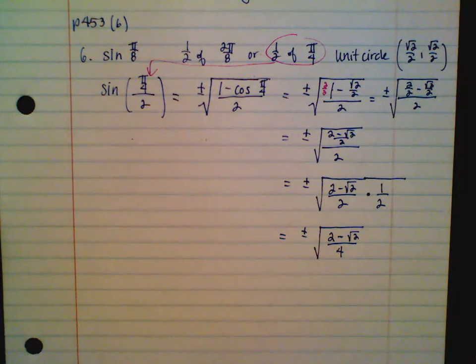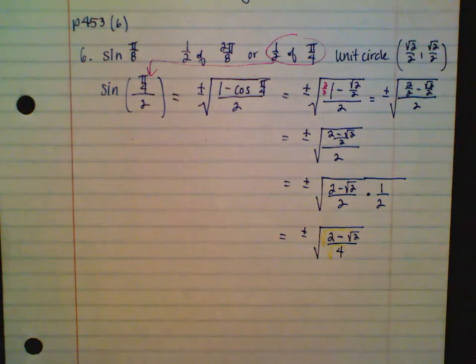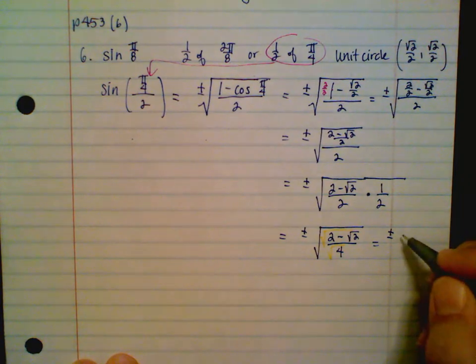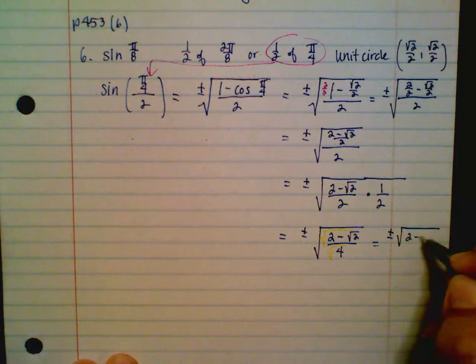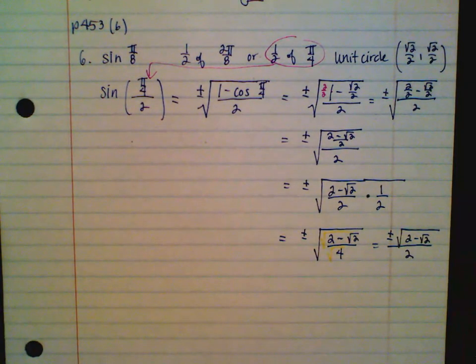And think about this, guys. When you take the square root of a fraction, it is a fraction of square roots. So we're actually going to get the positive or negative square root of 2 minus the square root of 2, divided by 2.